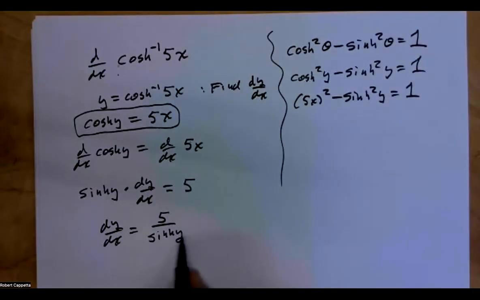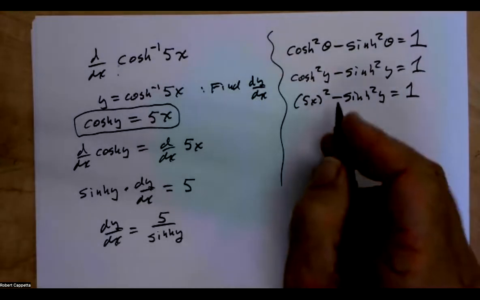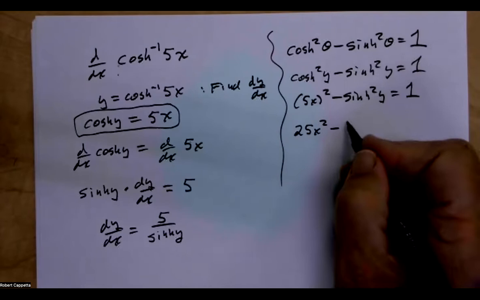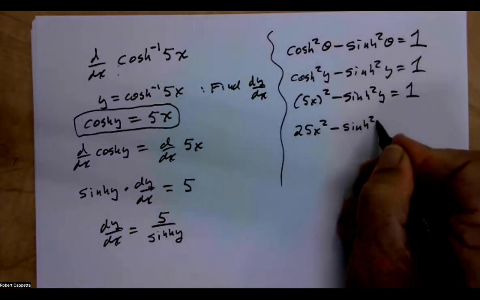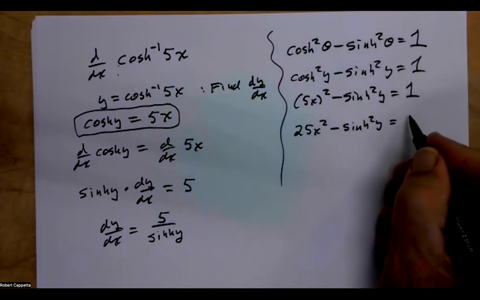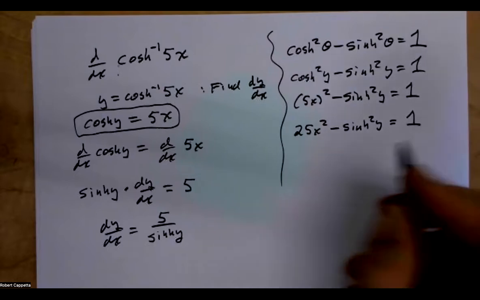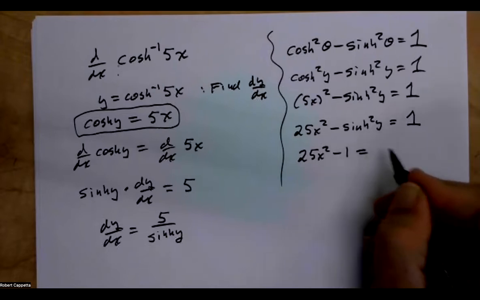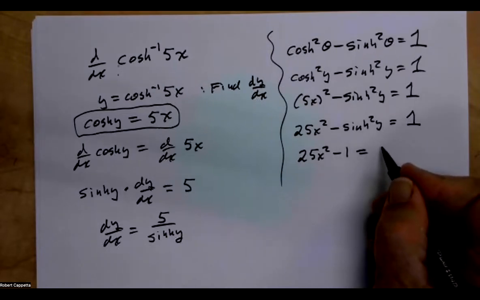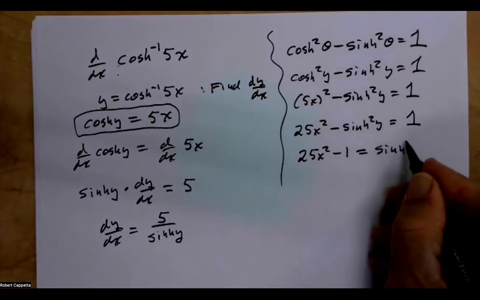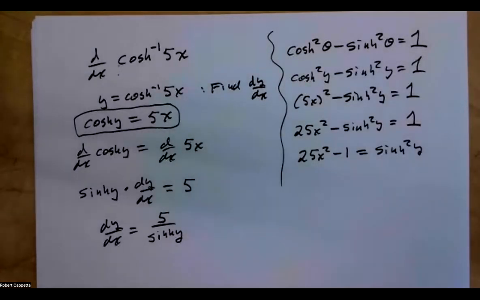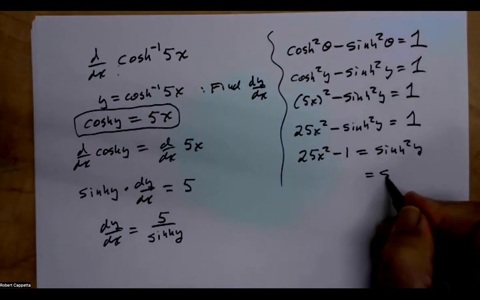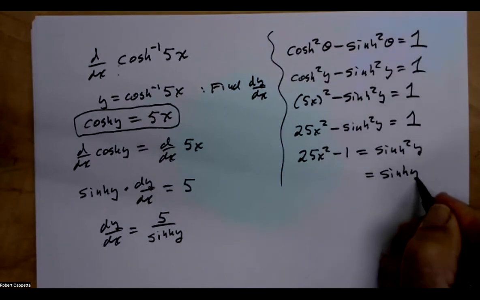Remember, my goal is to solve for sinh y. So what I have now is 25x squared minus sinh squared y equals 1. So 25x squared minus 1 would equal what? Would equal sinh squared y. So sinh y is plus or minus. I'm going to just choose to focus on the positive version of this.